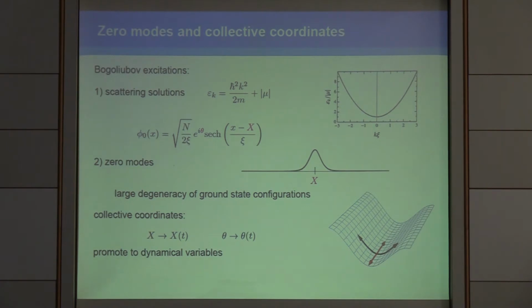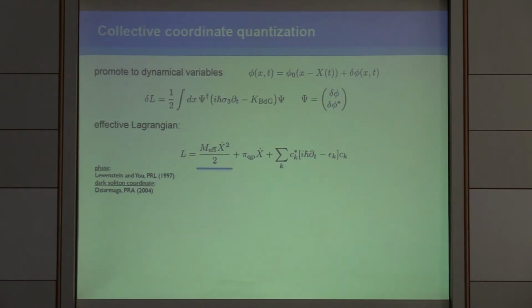And likewise, we can promote the phase of the soliton to a dynamical variable. And if we do this in this form, we have some independent variable here and some perturbation of the Bogoliubov states, the solution of which also depends on the collective soliton variable. And this is a formal way to, on a microscopic level, introduce a coupling between the soliton velocity, so this thing here, and the Bogoliubov quasi-particles.